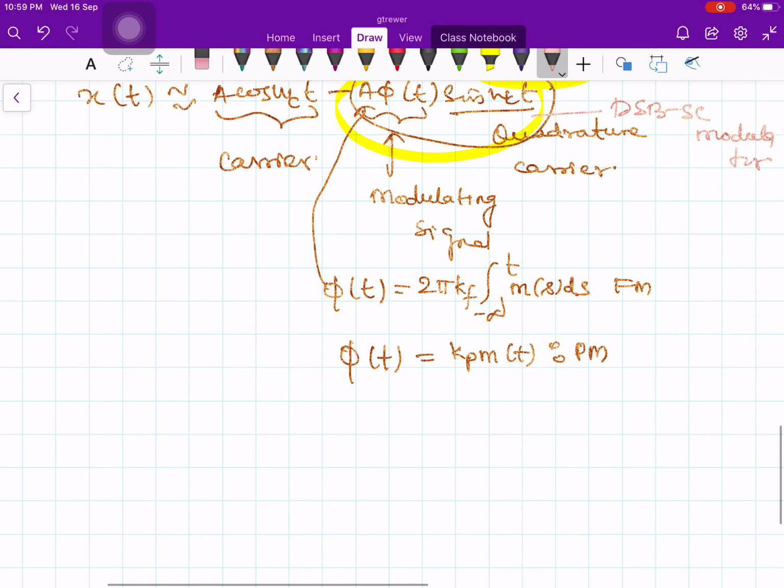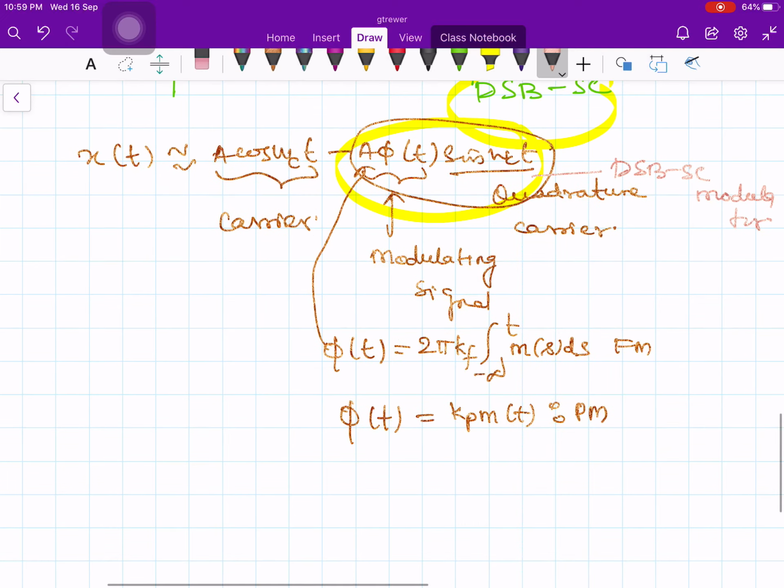So I don't have to have any voltage controlled oscillator or any astable multivibrator. Whatever blocks I had for AM modulation, the same blocks I can use for frequency modulation also. Therefore all I have to do is use the good old DSBSC modulator as a multiplier and generate this signal.